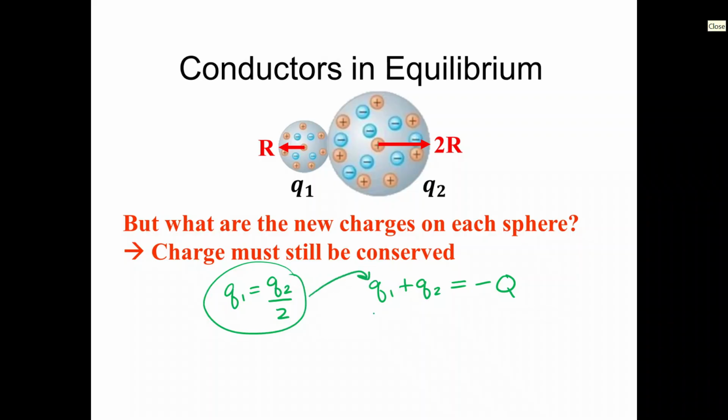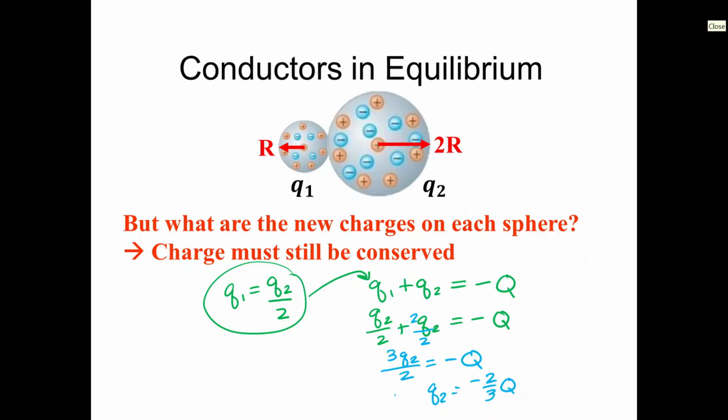So I get that Q2 over 2 plus Q2 is equal to negative Q. So I can make a common denominator. There's different ways to do this. So I get Q2 plus 2Q2, that's going to be 3Q2 over 2 is going to equal negative Q. So if I solve for Q2, Q2 has to equal a negative 2/3 of Q.